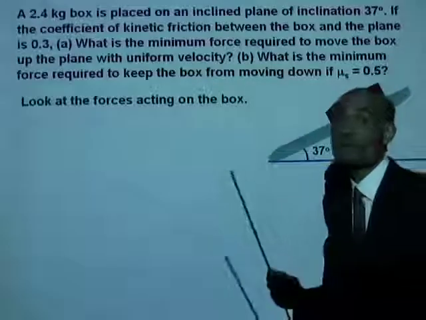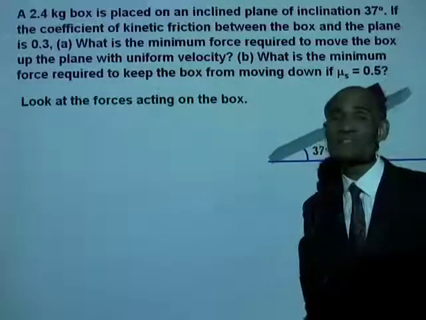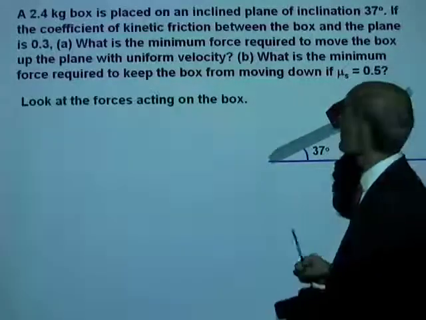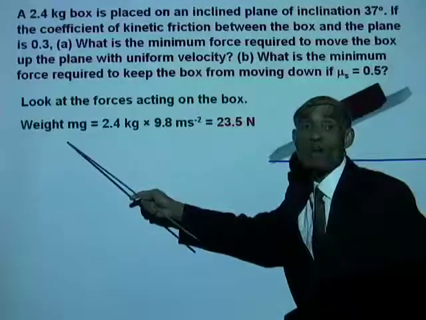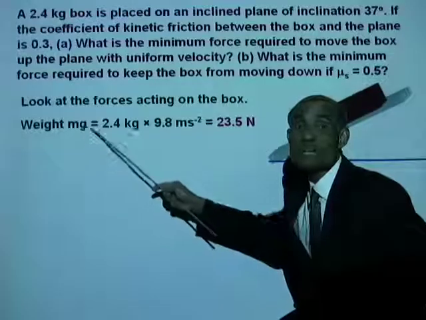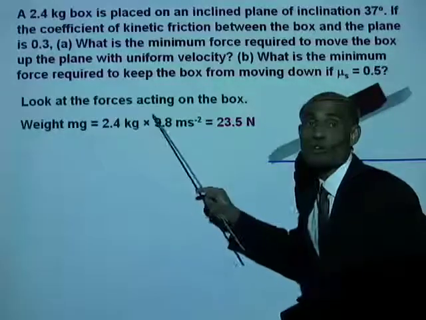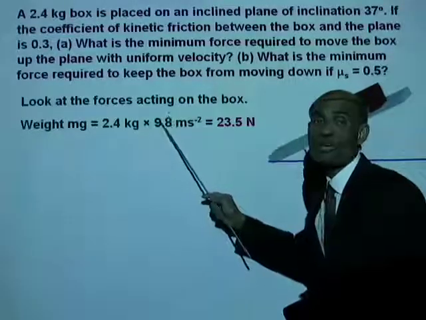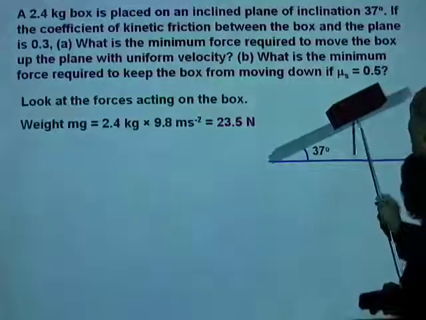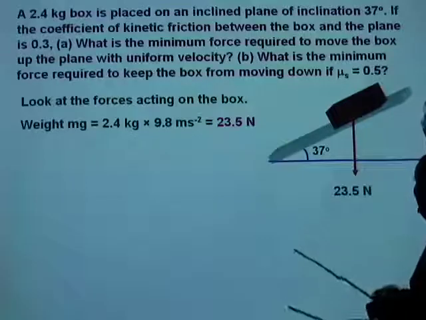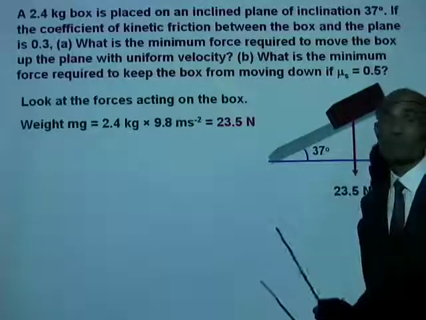This is just a review from 2 lessons away. What are the forces acting on the box? The weight of the box equal to mg. m is 2.4 kilogram, g is 9.8 meter per second squared. So the weight is 23.5 Newton acting vertically down.